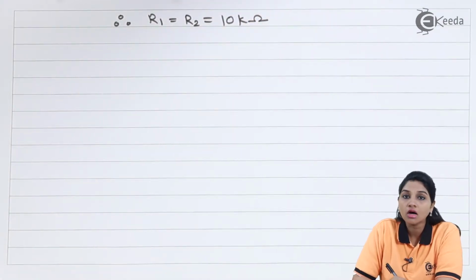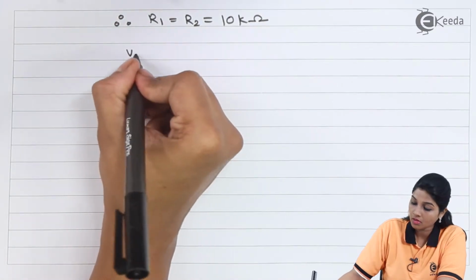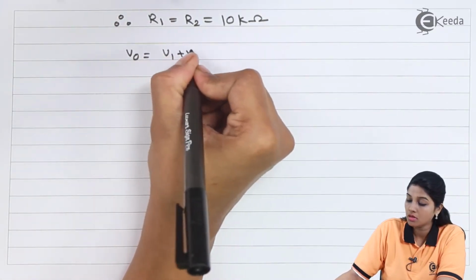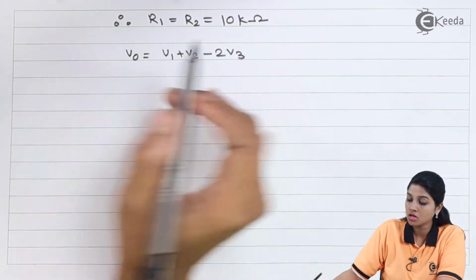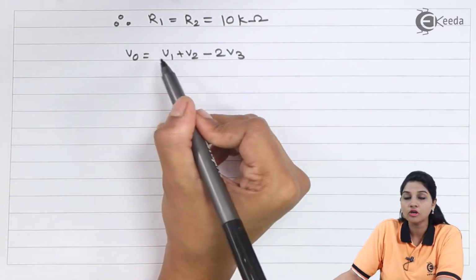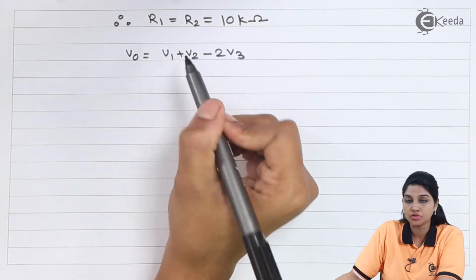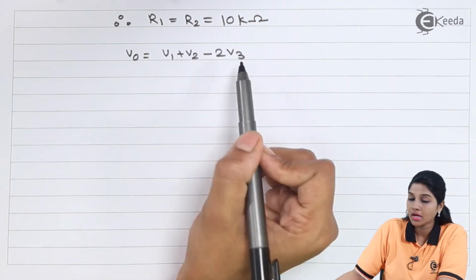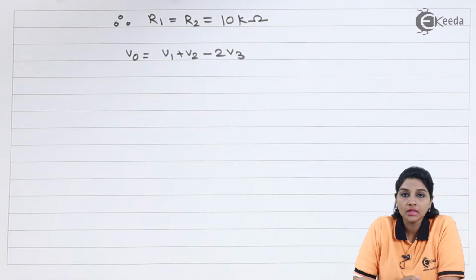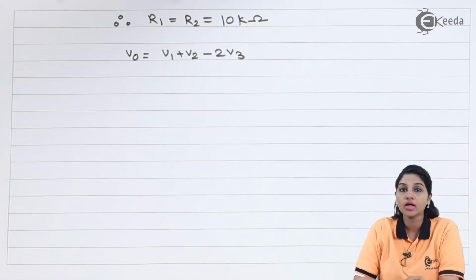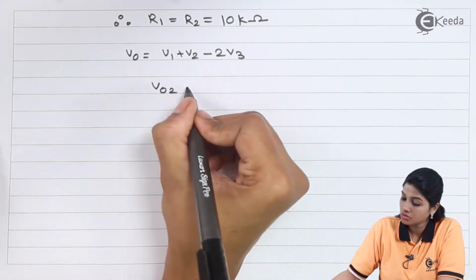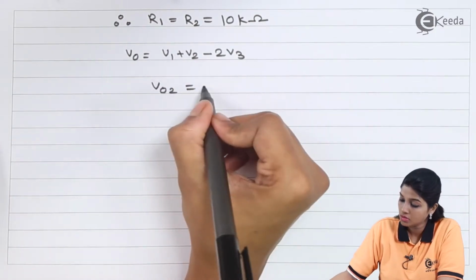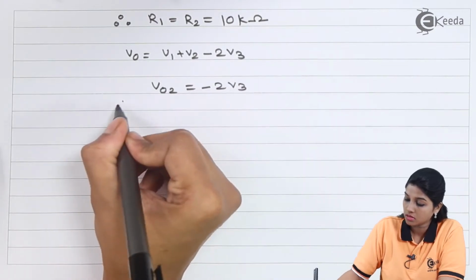Now the next thing in the output equation is VO is equals to V1 plus V2 minus 2V3. This is what the output equation. So we have already obtained the value of R1 and RF for V1 plus V2. Now next thing we need to consider minus 2V3. So in order to obtain that we need to consider inverting amplifier. Therefore the equation becomes VO2 is equal to minus 2V3.